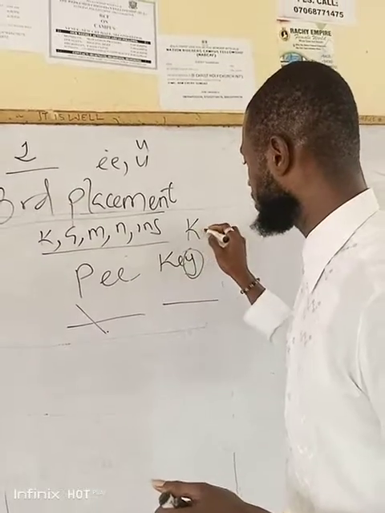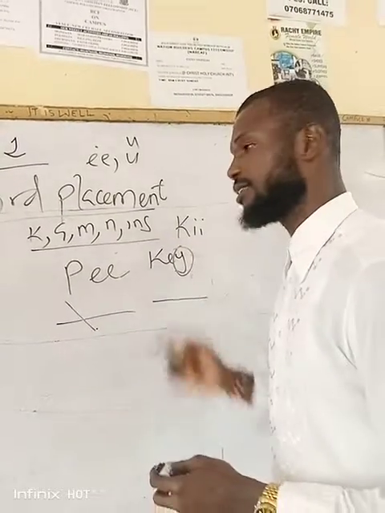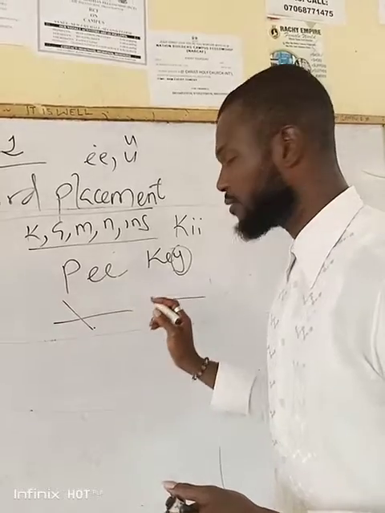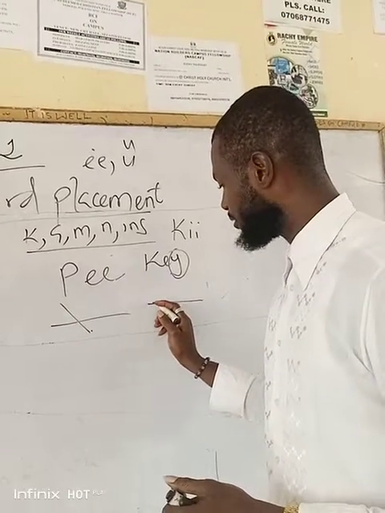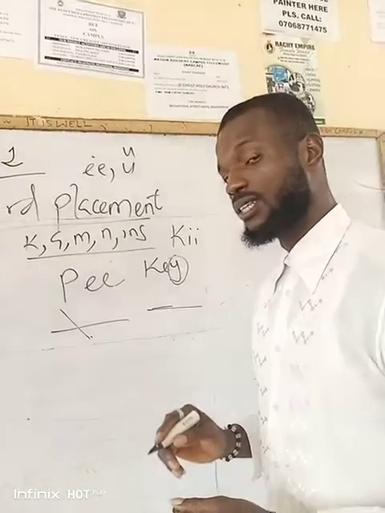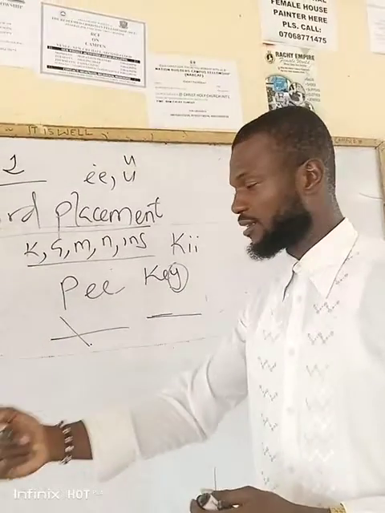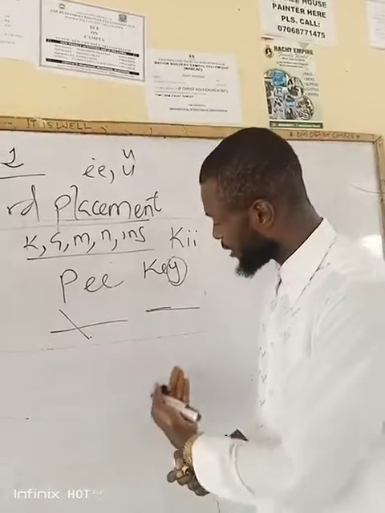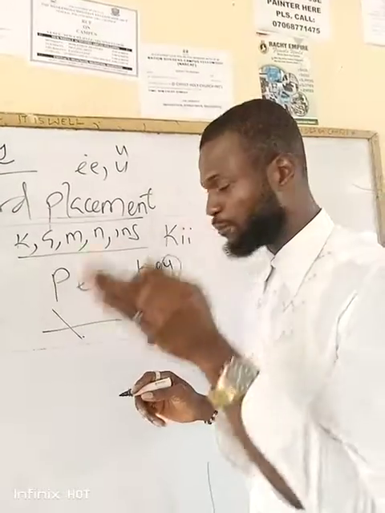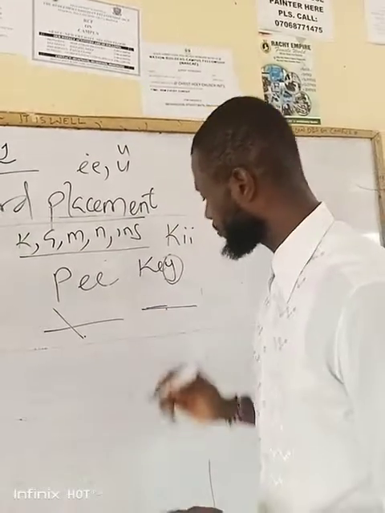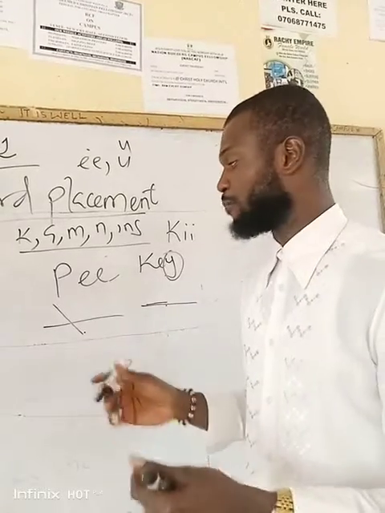What you are hearing here is key. Now, your K will rest on the line, and your E will come after the K, which will be under your K at the third place of K. It will be here.